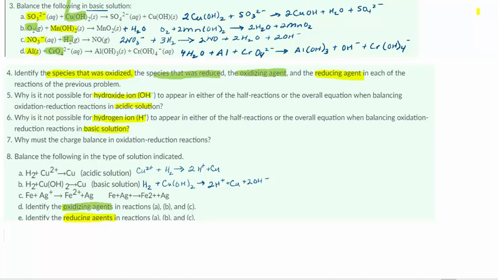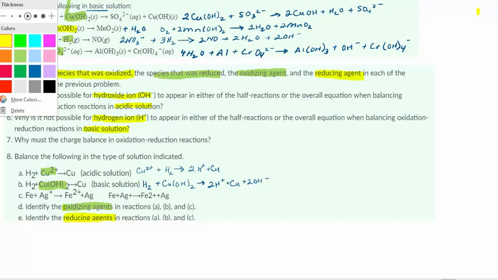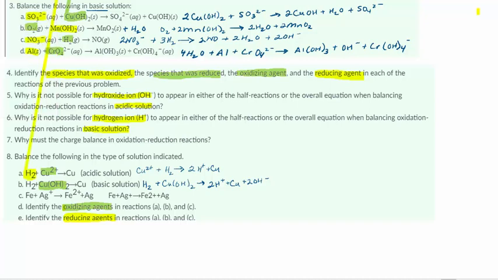So we're going to have copper, because the copper 2 is reducing to a copper 0. The electrons in the half reaction were on the reactant side, so that's the reduction, and that makes the copper the oxidizing agent. Same for B. And in C, I haven't done C yet. I'll get to C. So the reducing agent is the hydrogen for both A and B.